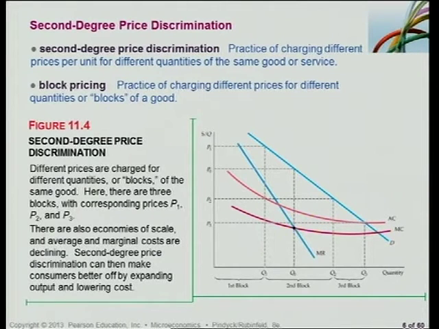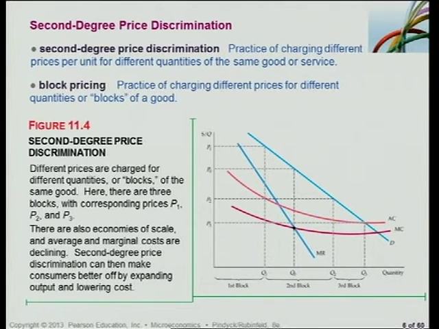A good example is block pricing, where a water utility or an electricity utility like Eskom price discriminates in terms of second degree, in terms of block pricing. So what is block pricing? It's a practice of charging different prices for different quantities or blocks of a good.